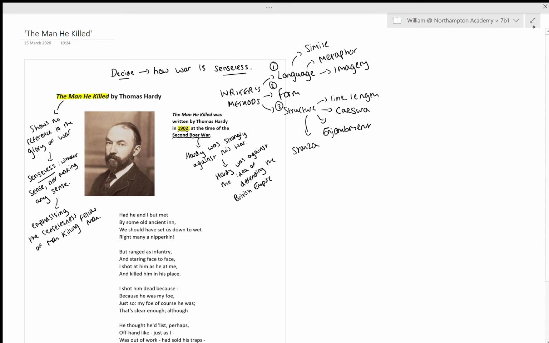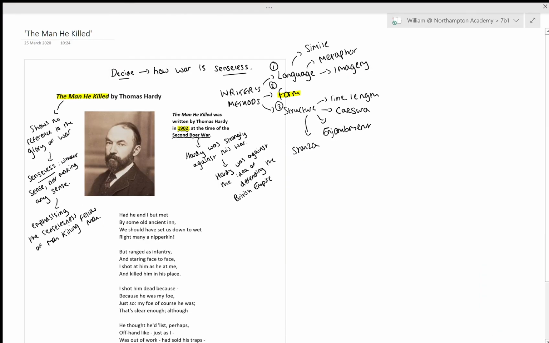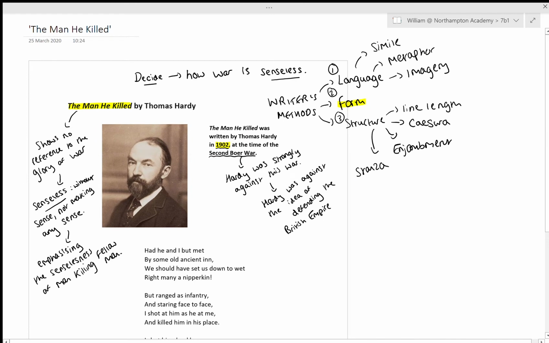We've looked at language and structure before, but we haven't really talked a great deal about form. So let's think about the form of this poem, and I'll give you an example of what form could be. We have mentioned one type of form before, and that was Rupert Brooke's poem being a sonnet, which you remember we called 14 Lines of Love, a 14-line poem expressing love for someone or something.